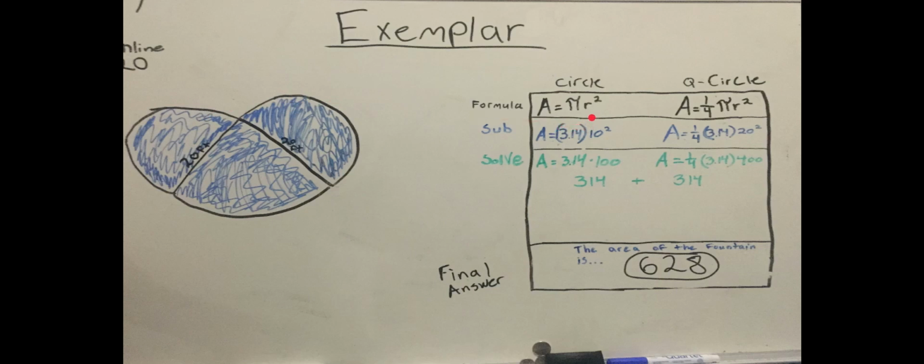So I solved using the formula of a circle. I substituted 3.14 for pi. I had 10 for my radius because the diameter was 20, so I had 10, which was half of 20, is my radius. And then our final step is where we solve, and I got 3.14.